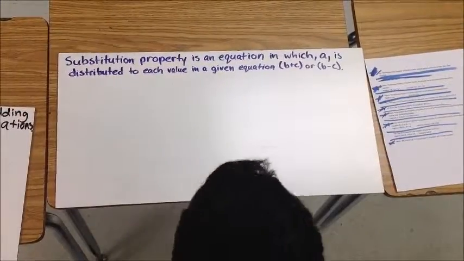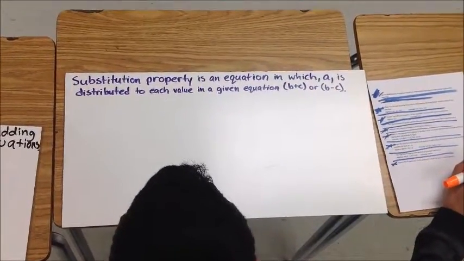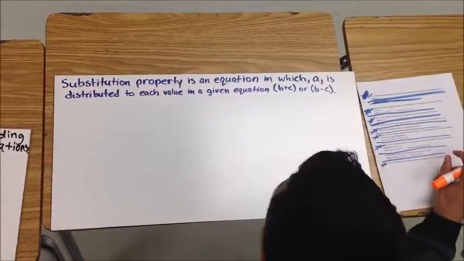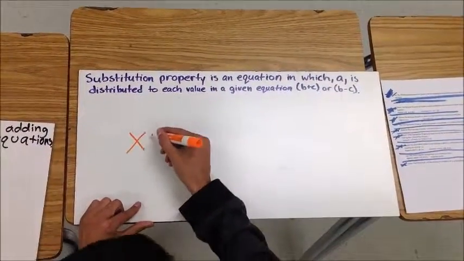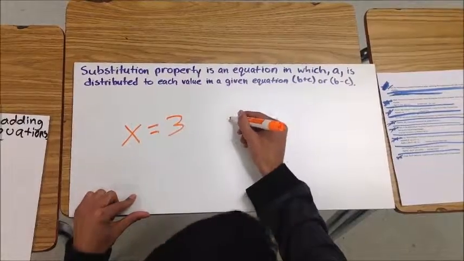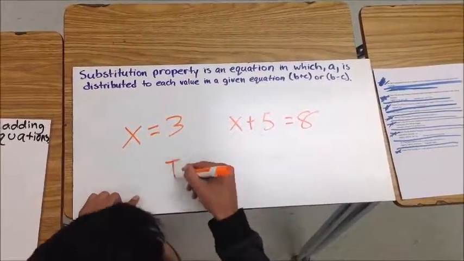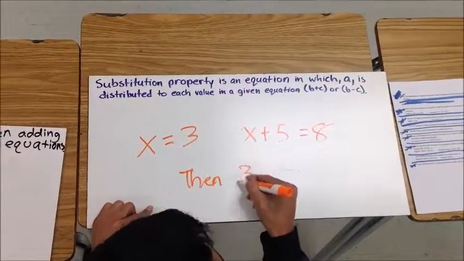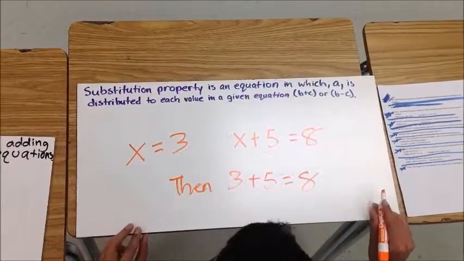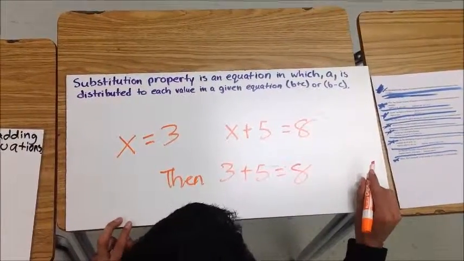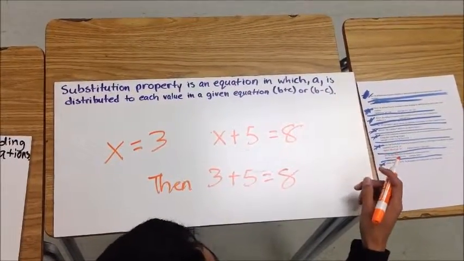The substitution property is when a value is substituted for a variable in an equation. X equals 3, so x plus 5 equals 8. Then you substitute x with 3, and then 3 plus 5 equals 8.